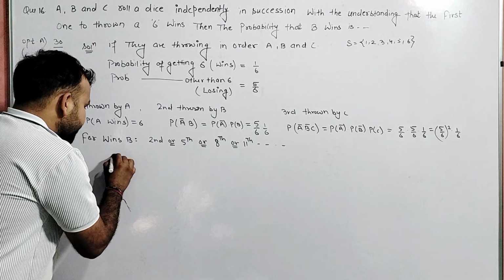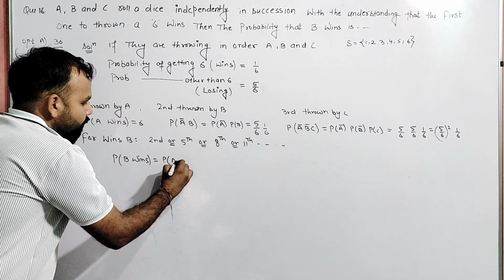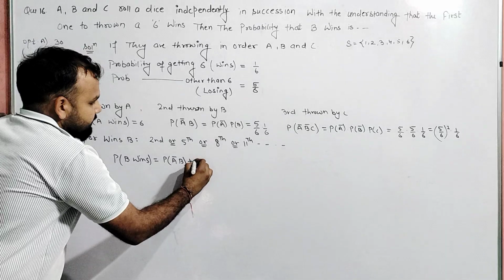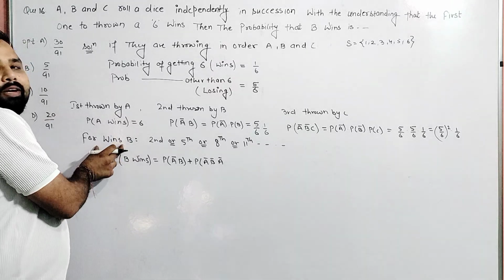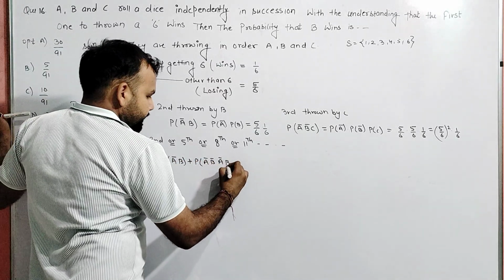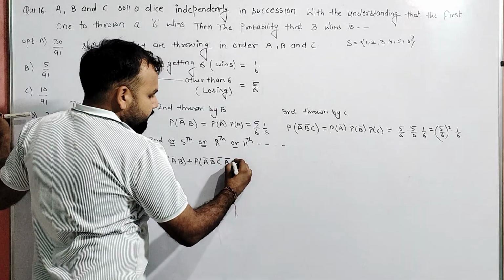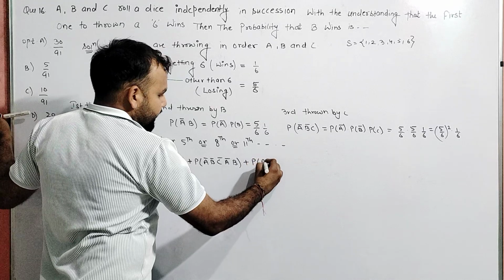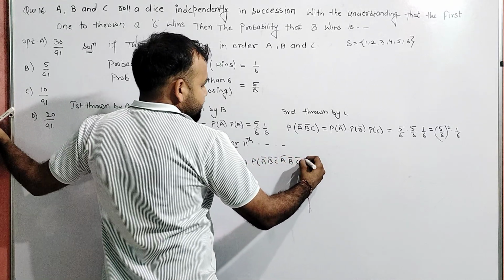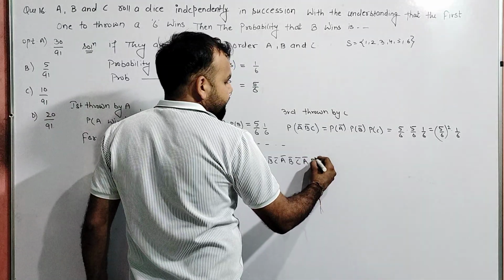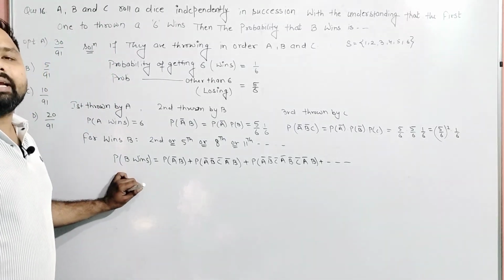That means P of B wins is equal to P of A loses the game, B wins, plus P of A loses, B loses, C loses, A loses, and B wins, plus P of A loses, B loses, C loses, A loses, B loses, C loses, A loses, and B wins. Students, this is the required probability of B winning.